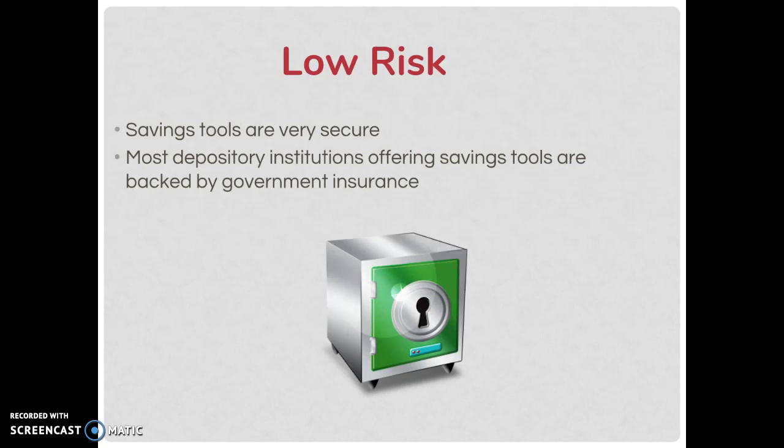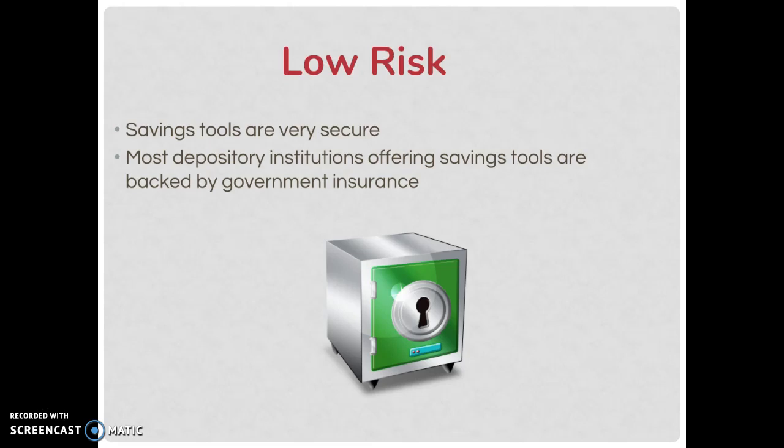Before we get into them, we'll talk about some of the criteria that we'll use to differentiate or compare these different tools to each other. When we talk about saving and investing, something that's going to come up is this idea of risk. Risk is when you don't know what might happen. You might have something good happen, you might have something bad happen.